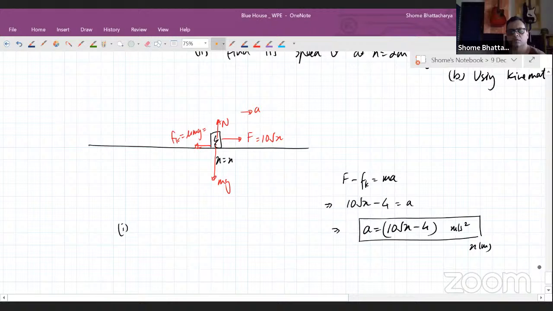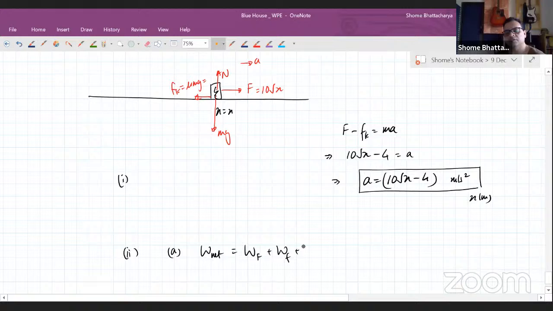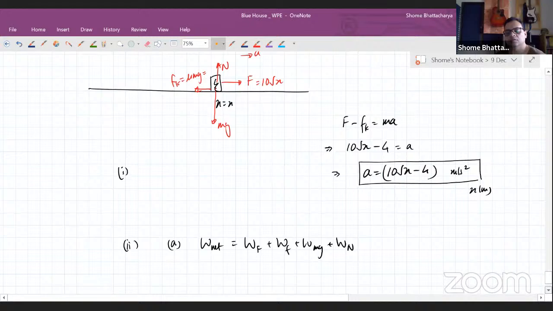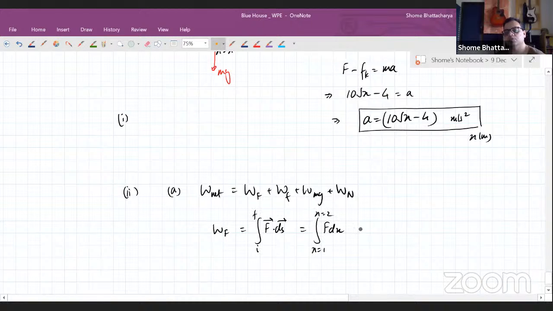Okay. Now the second part. If we go by this, net work done will be work done by F plus work done by friction plus work done by mg plus work done by normal reaction. Work done by F will be the integration of F dot ds, which here becomes F dx because it's one dimensional. So this will be from x equal to 1 to x equal to 2.